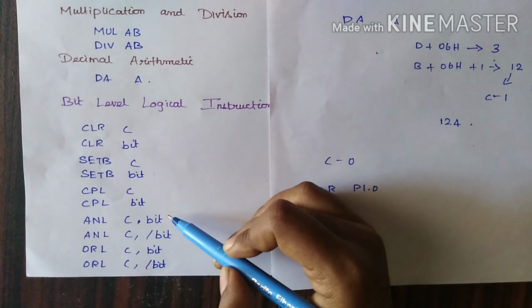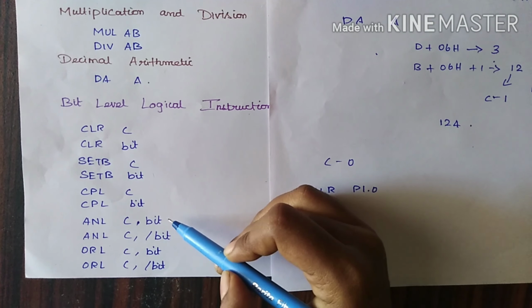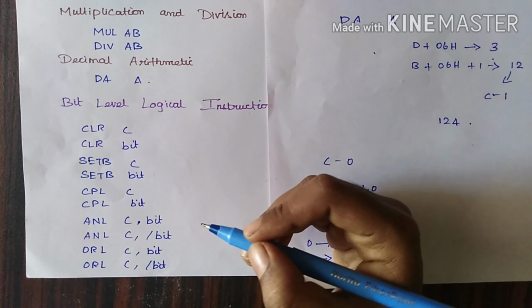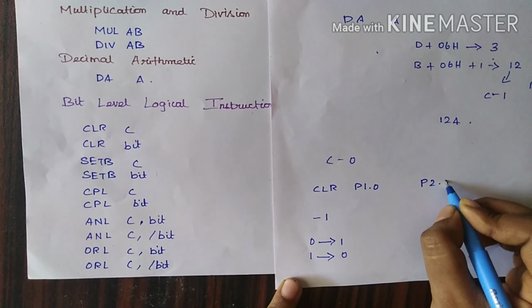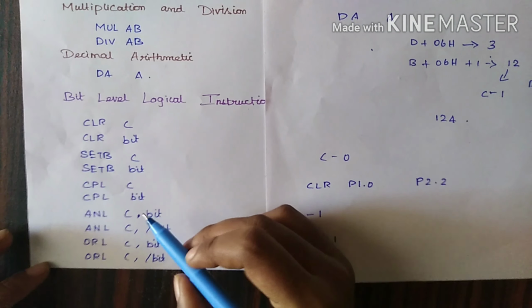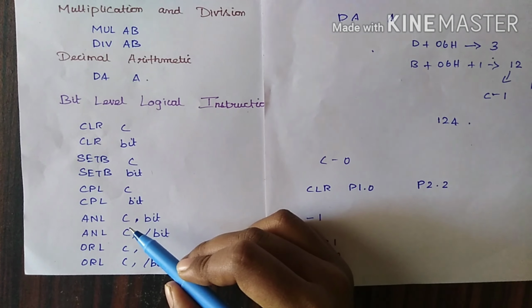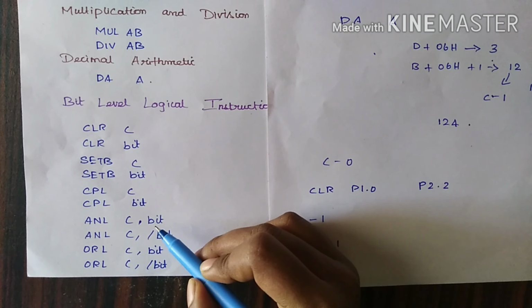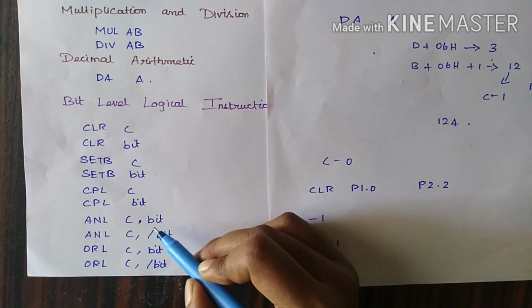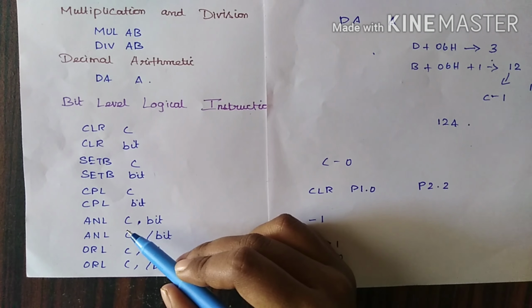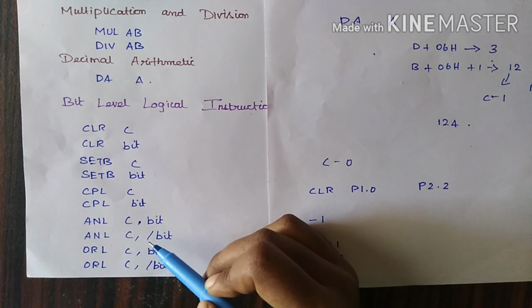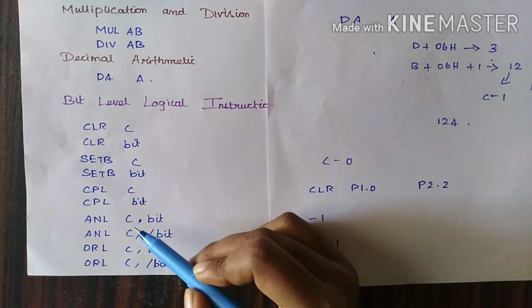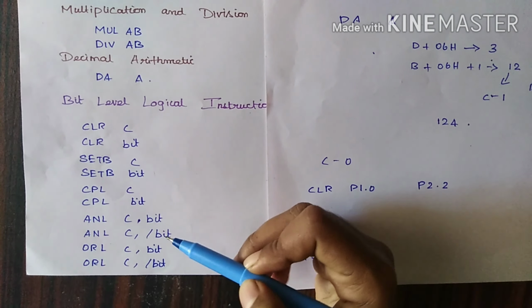We can give the address of the bit here, or we can mention it like port 2, second bit. So the data in the carry flag and the data in this mentioned bit will undergo an AND operation, and the result will be stored in the carry flag.